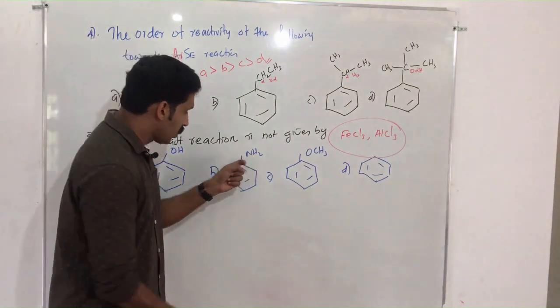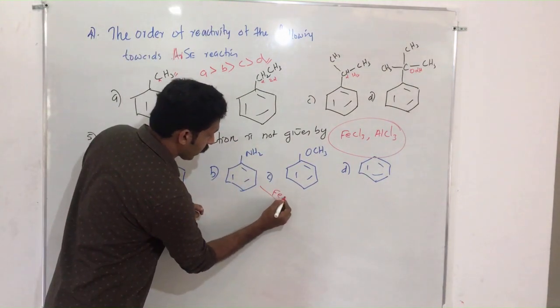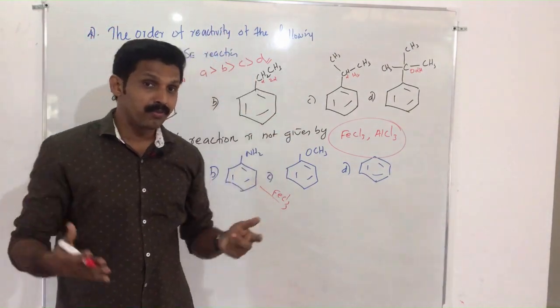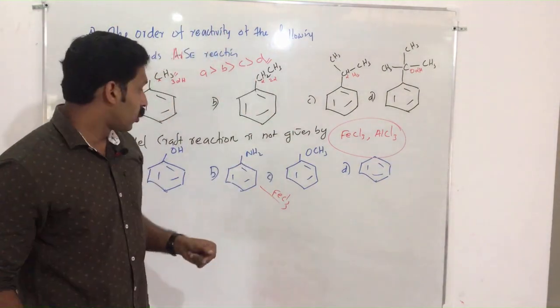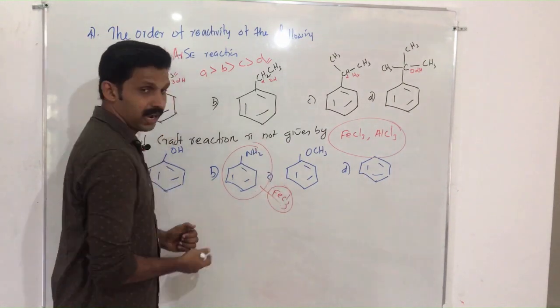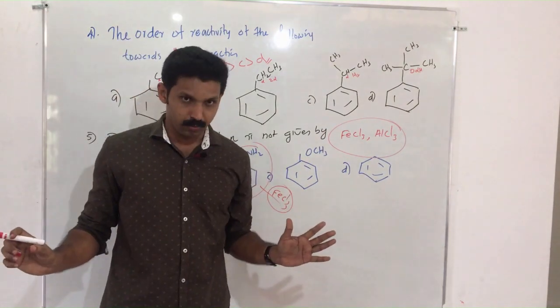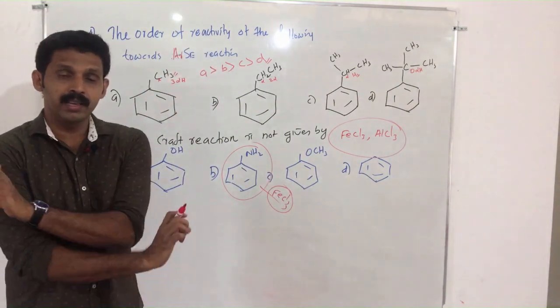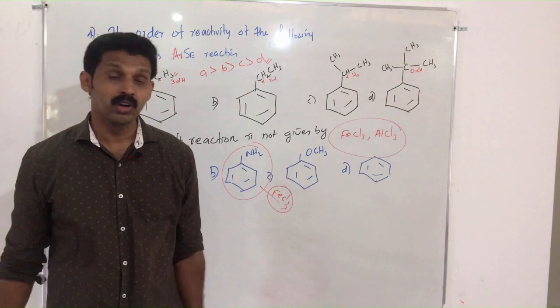When this compound undergoes the Friedel-Crafts reaction, instead of electrophilic substitution there will be formation of a salt due to the reaction between this base and this acid, and an adduct is formed. But here and here there is no such problem. Therefore, aniline usually does not undergo Friedel-Crafts reaction.